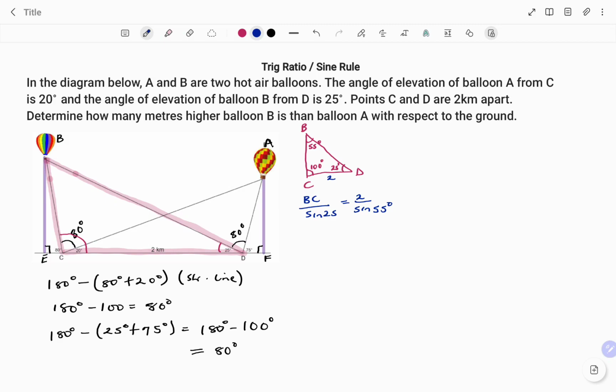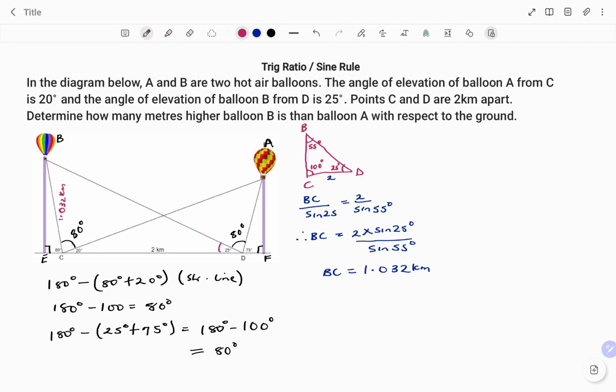If I cross multiply, BC will give me 2 times sine 25 degrees divided by sine 55 degrees. Therefore, the distance BC will be 1.032 kilometers to 3 decimal places.